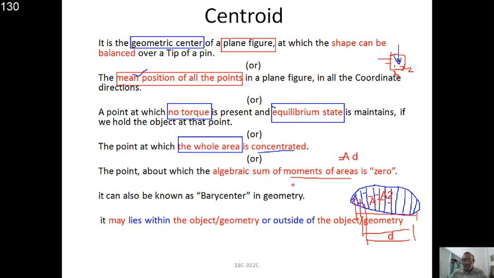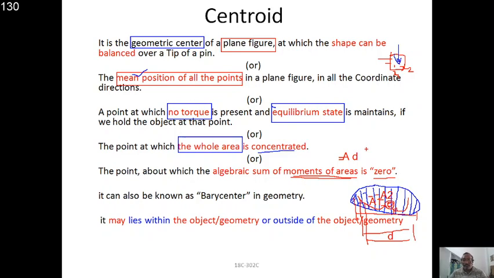Then it is known as the moment of areas. If I take all the moments of areas about one point, with anticlockwise and clockwise moments taken with opposite signs, their summation will become zero.